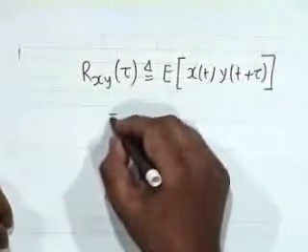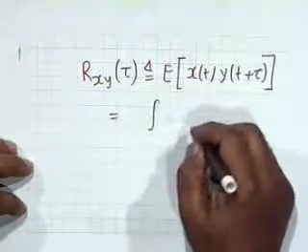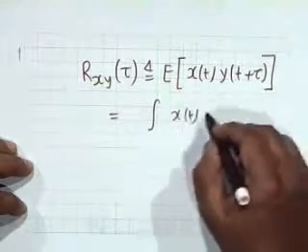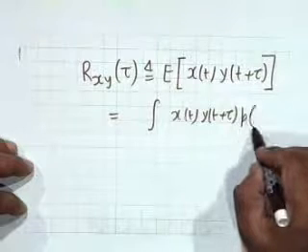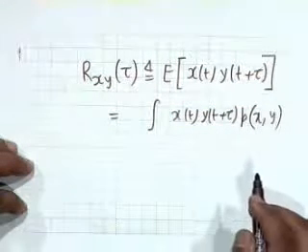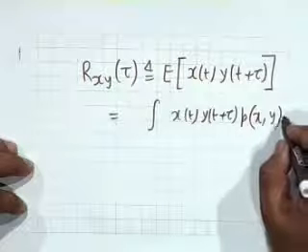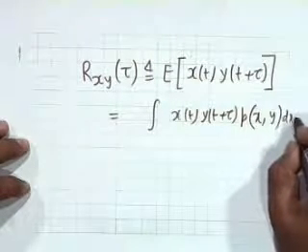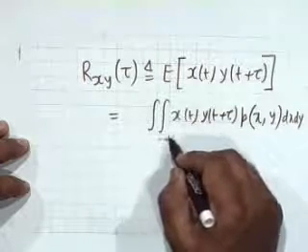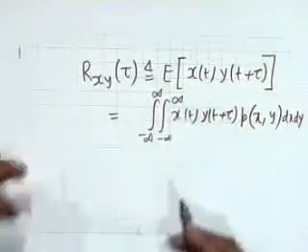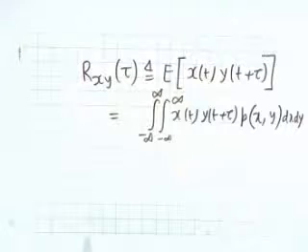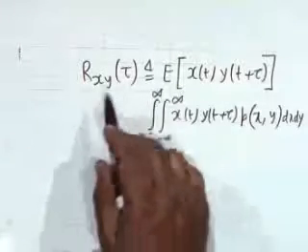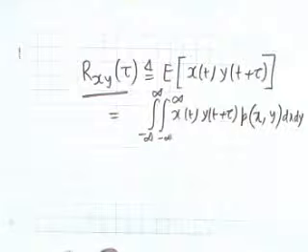This is equal to the integral from minus infinity to infinity, and again from minus infinity to infinity, of x(t) y(t plus tau) times the probability density function p xy, dx dy. This is the definition of the cross correlation function between two random variables x and y.